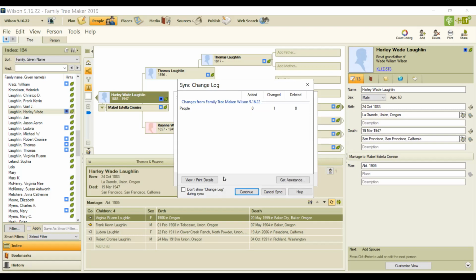This syncs the entire tree. And there are changes to one person in this, but it looks at everybody. Okay, it's a complete synchronizing. And by the way, it synchronizes both ways. I can have been on Ancestry and made some changes there. And then I could have put some data into my Family Tree Maker on my computer. And then I can say synchronize, and it'll run the data both ways.